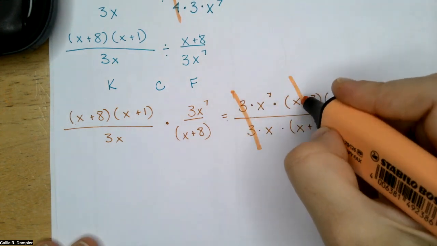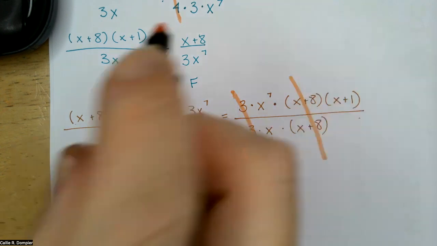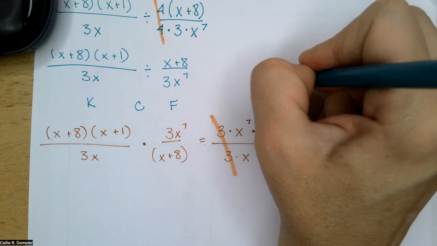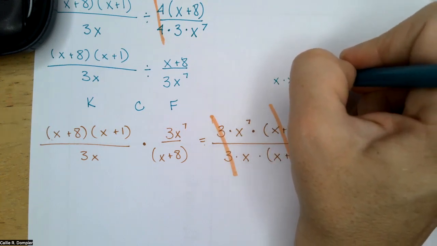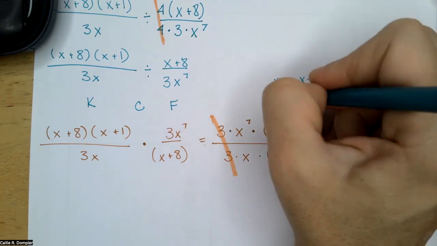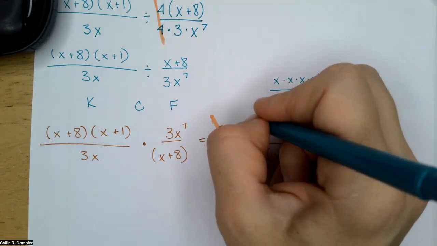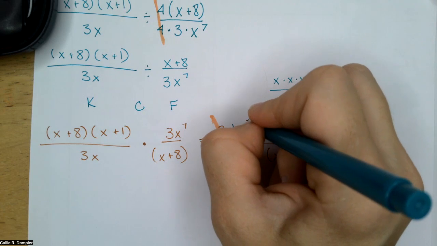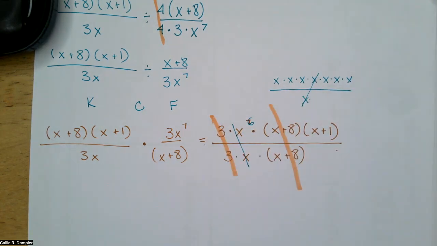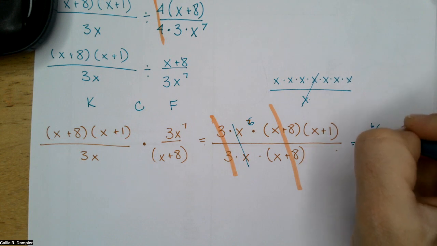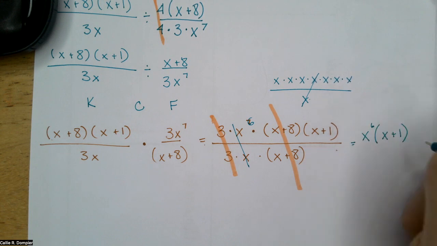Those cancel, x to the 7th and x, right? Imagine it, it's 7x's up here and 1x down here. They cancel and it becomes x to the 6th. So now I have x to the 6th times x plus 1.